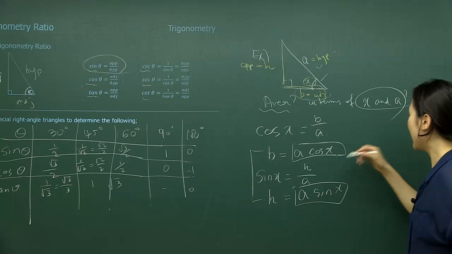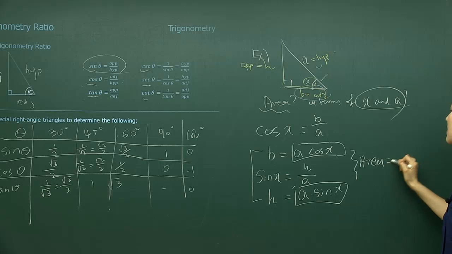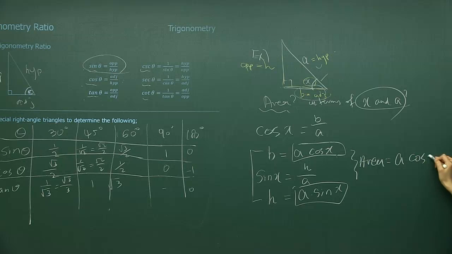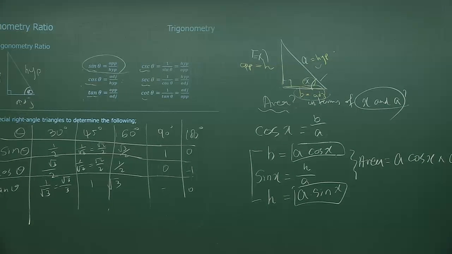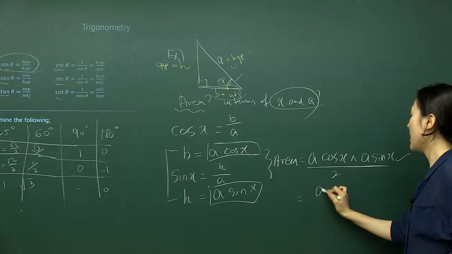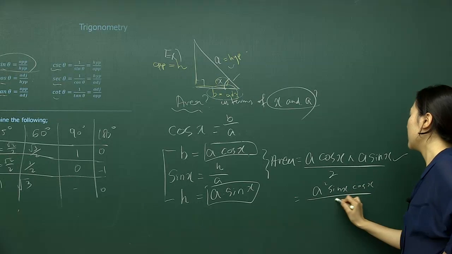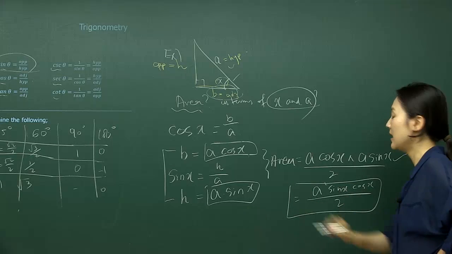Now, for the final step, the area is base a cosine x times height a sine x over 2, which equals a squared sine x cosine x over 2, and that is the answer.